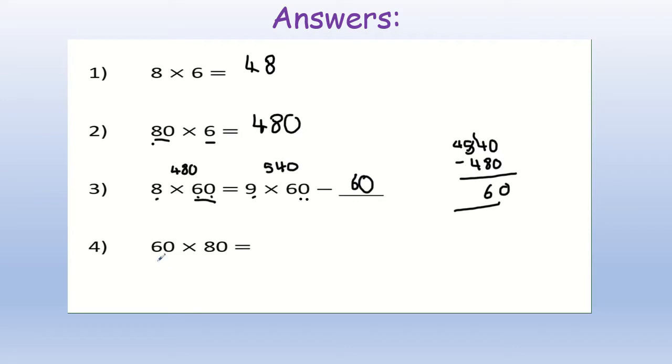Excellent. Now 60 times 80 is 6 times 8 times 10 times 10, or times by 100. So 6 times 8 times 10 times 10, 4,800. How did you do with this? Excellent work.